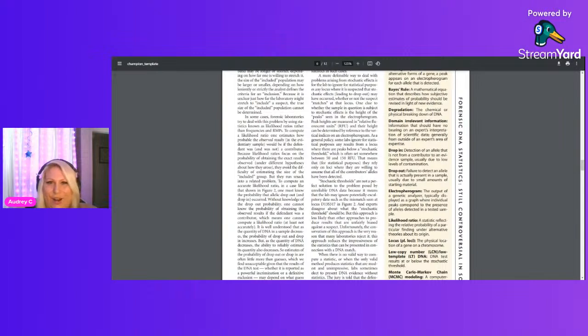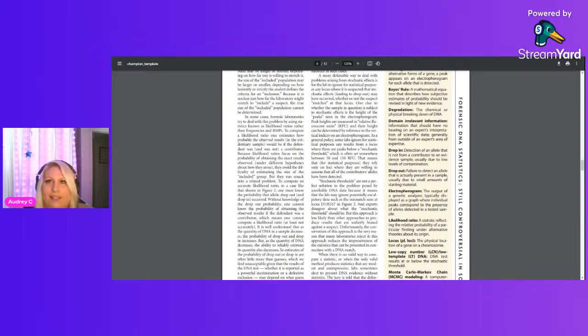Okay, so a more defensible way to deal with problems arising from stochastic effects is for the lab to ignore, for statistical purposes, any locus where it is suspected that stochastic effects leading to dropout may have occurred. How can you ignore that?